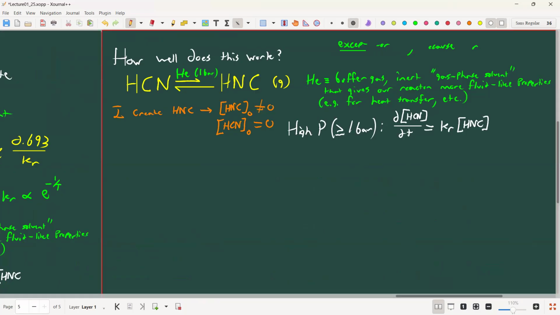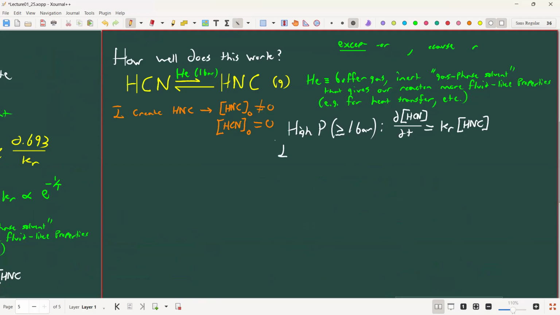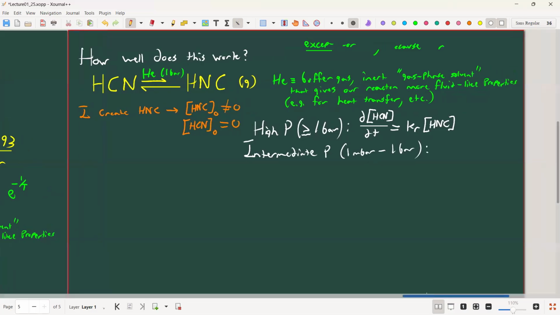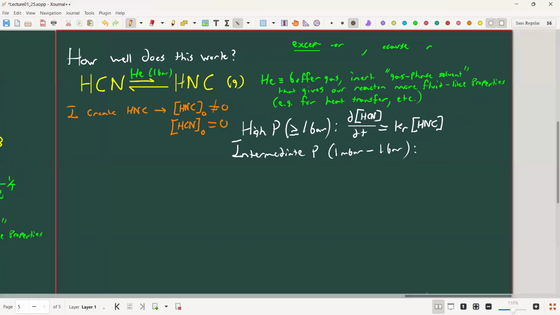Guess what happens as you turn the pressure down? So now we go to intermediate pressure. Think about that. Maybe this is between 1 millibar and 1 bar. What do we observe? If this is a first order reaction, we won't see any changes to our kinetics.